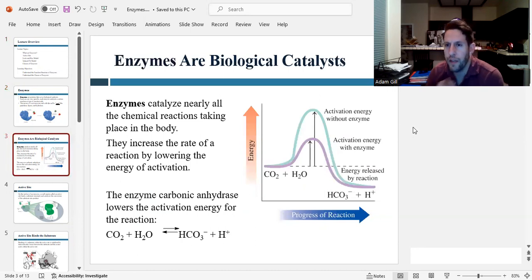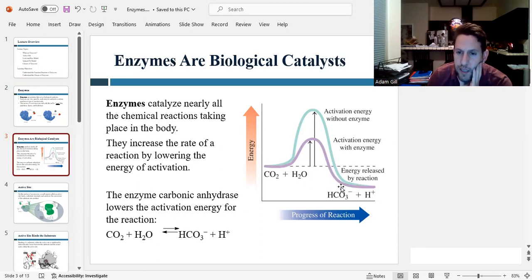Now, the way enzymes speed up a chemical reaction is by lowering the activation energy. So if we look at an energy diagram for a chemical reaction, the products of the reaction are always lower in energy than the reactants, which is why a reaction wants to occur, because it's a net lowering of energy level.